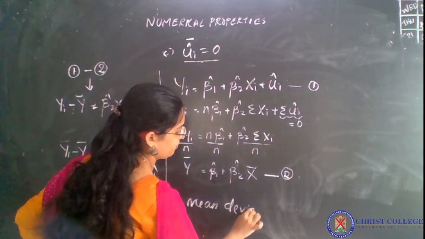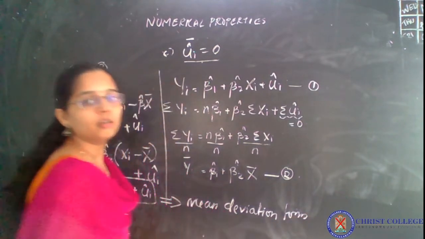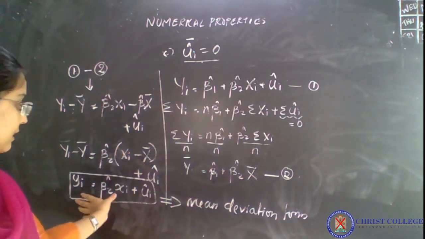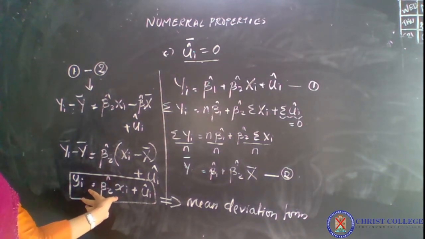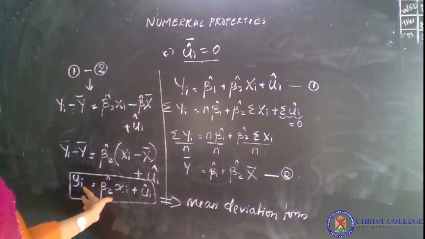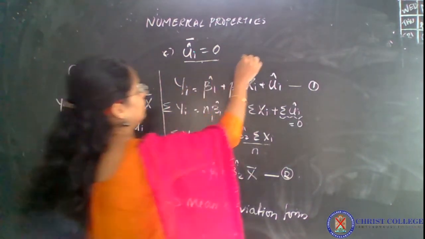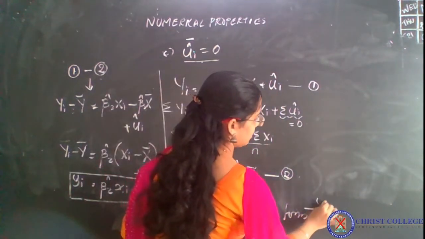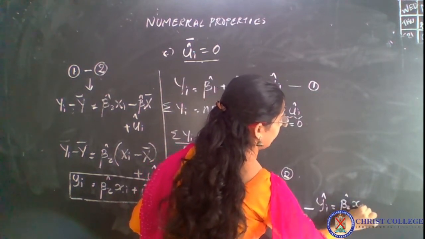Whenever we have to deal with mean deviation form, remember to take this equation considering small letter y and small letter x. Or it can also be written as yi hat is equal to beta 2 hat xi.